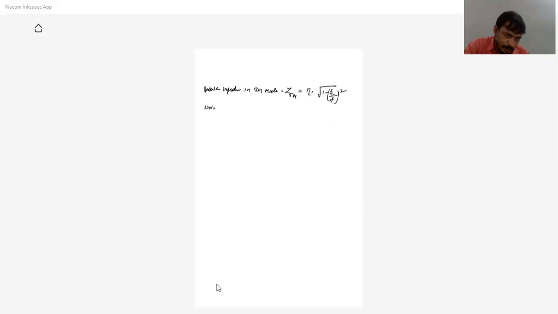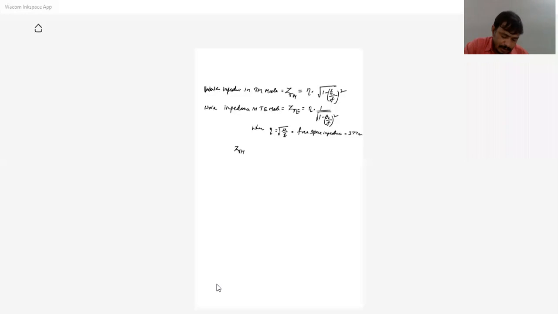And the wave impedance in TE mode, ZTE, is equal to eta into 1 by root 1 minus fc by f whole square. Here eta is root mu by epsilon, the free space impedance, 377 ohms.